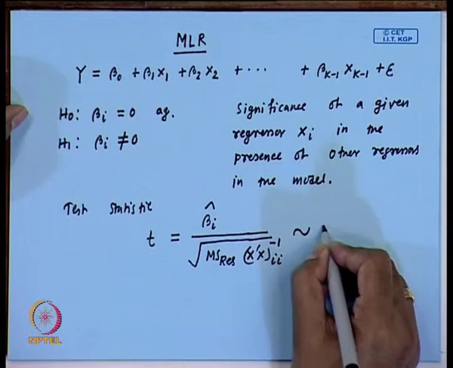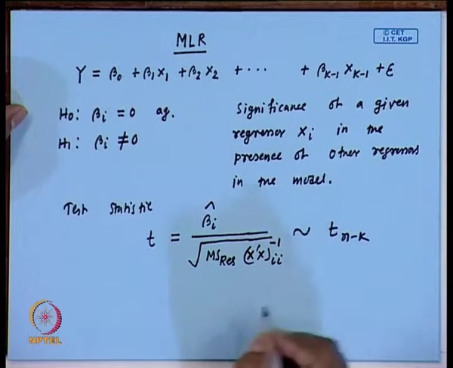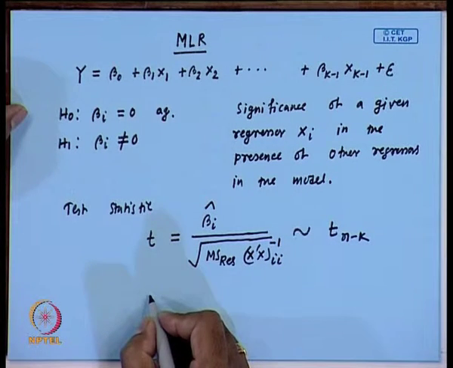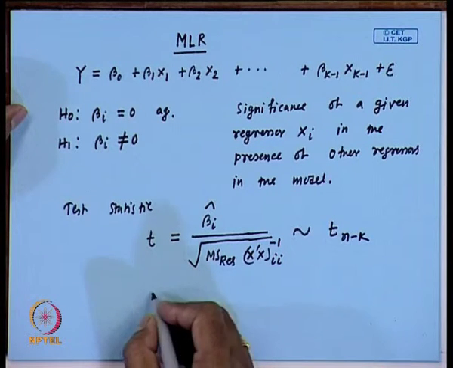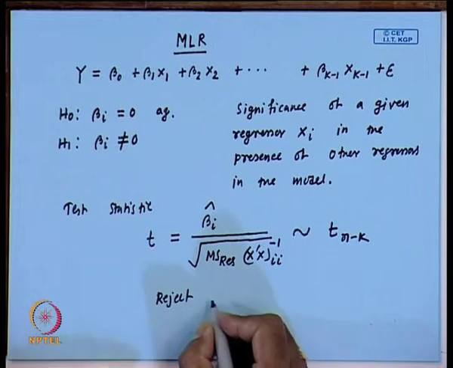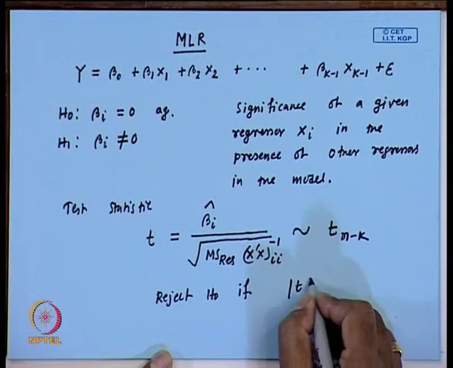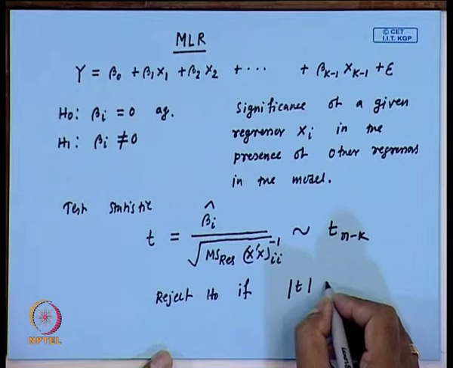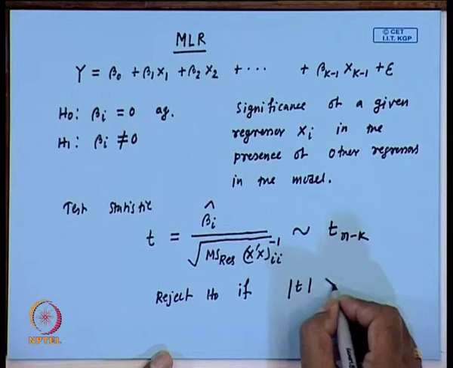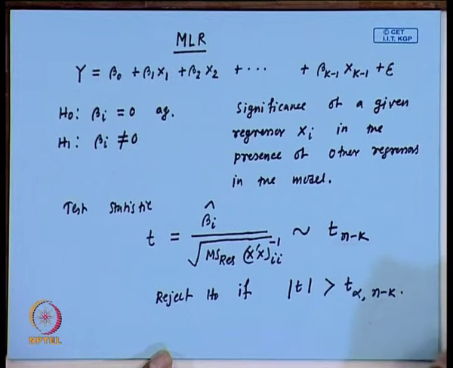This follows a t distribution with degrees of freedom n minus k, and we reject the null hypothesis H naught if mod T is greater than t alpha by 2, n minus k. This is the test using the t test statistic.